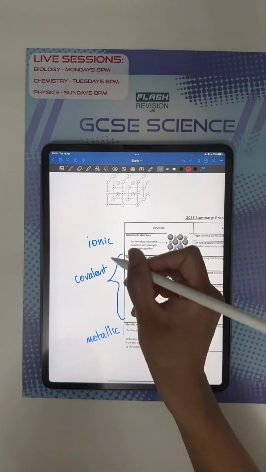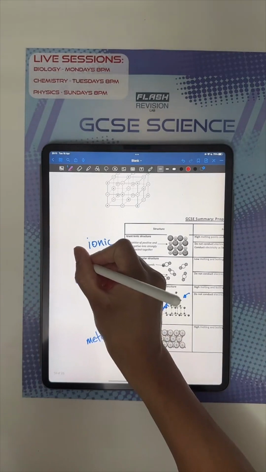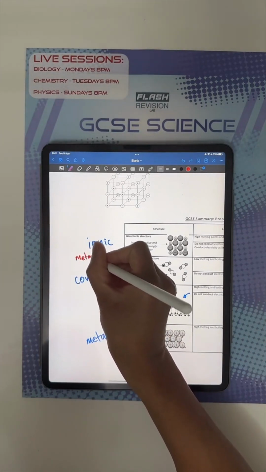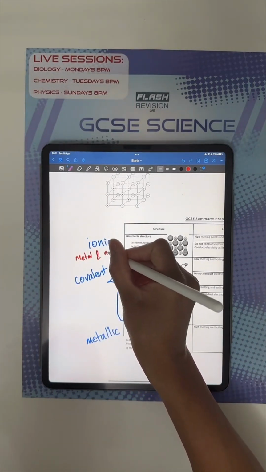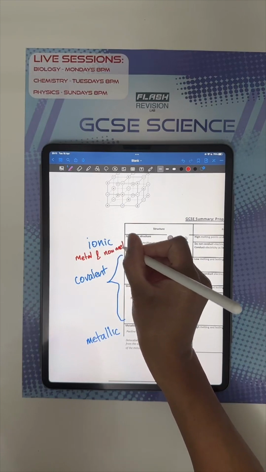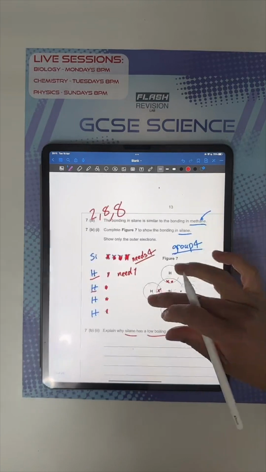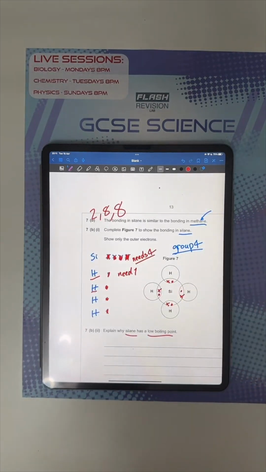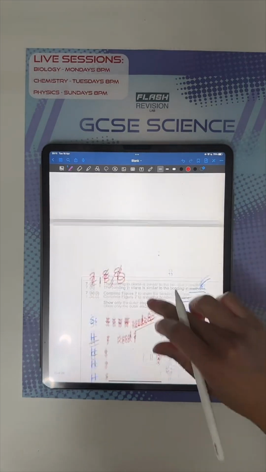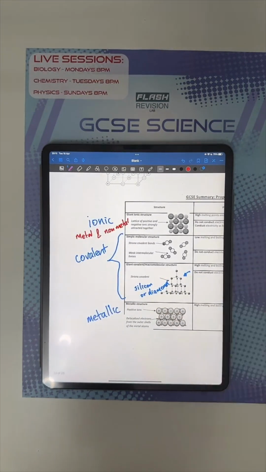Okay, so ionic. Anything ionic is always a metal and non-metal. Remember that. So you look at the silane, we have silicon and we have hydrogen. So if you look in the periodic table, you'll realize both are non-metals.